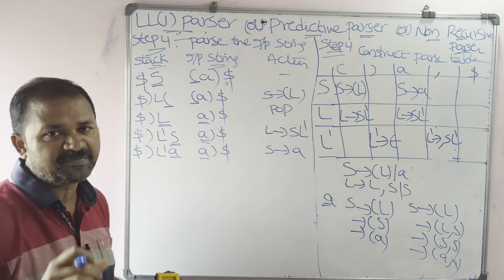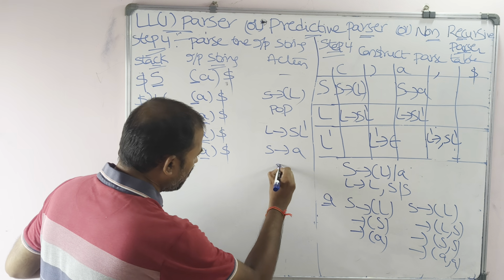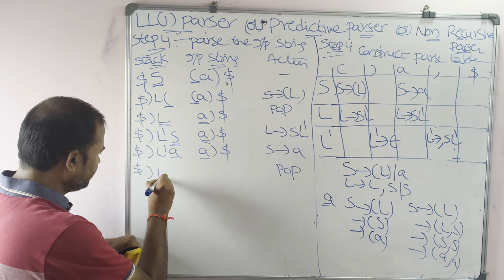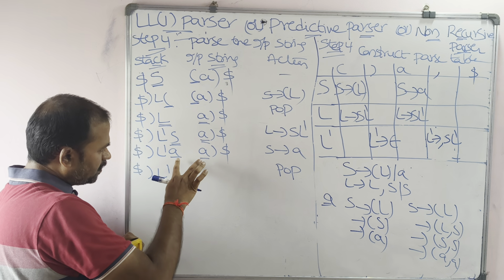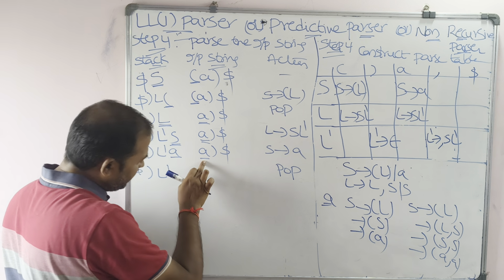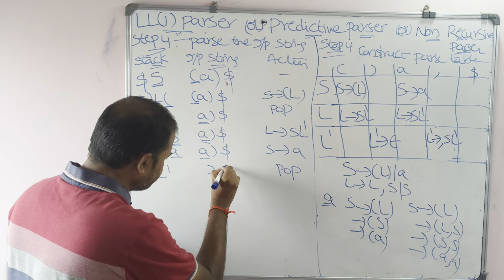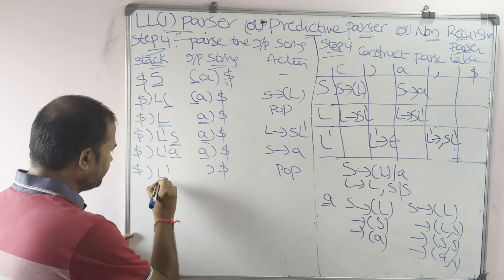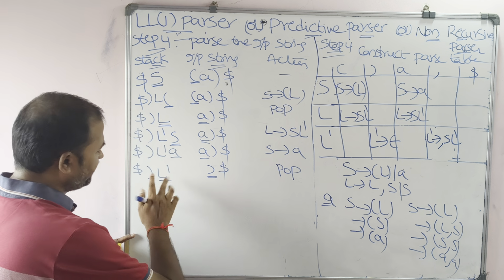The top of the stack as well as the input symbol are both A, the same, so perform the pop operation. This A is popped, and we have to pop this A also. So move the head one position to the right. Next, L dash is the top of the stack and the input symbol is right parenthesis.